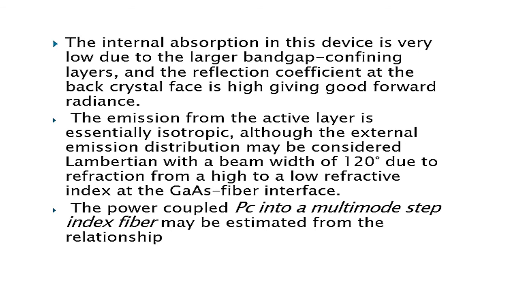So here the internal absorption is low due to the larger band gap confining layers. The emission from the active layer is isotropic, and the power coupled into a multimode step index fiber can be estimated from the relationship. Here we have considered a Lambertian source with a beam of 120 degrees, and refraction is caused by the low refractive index of the gallium arsenide.